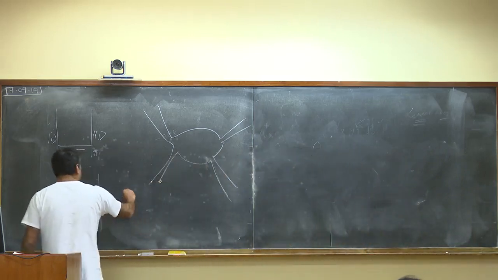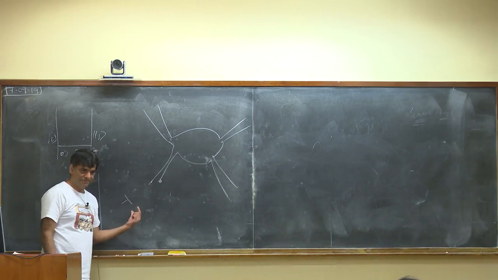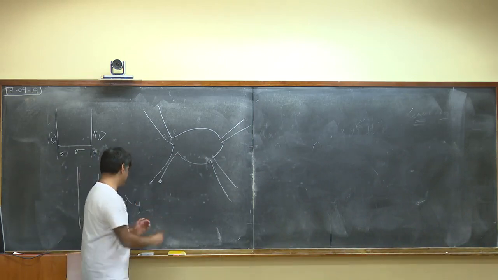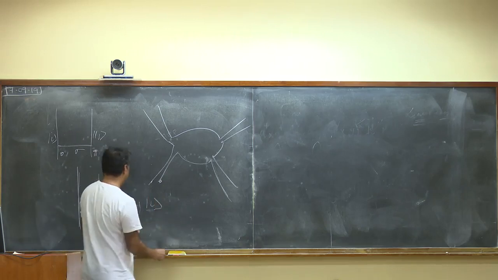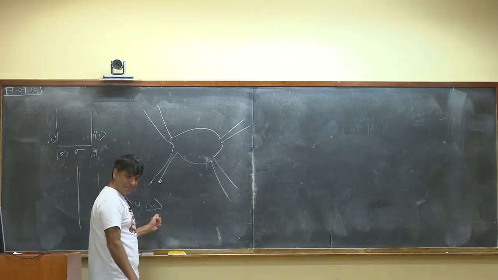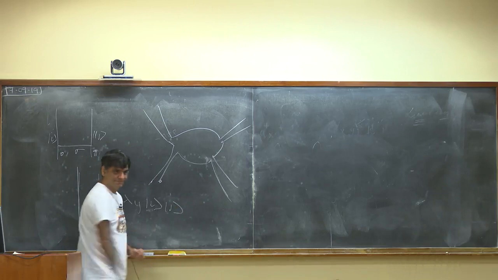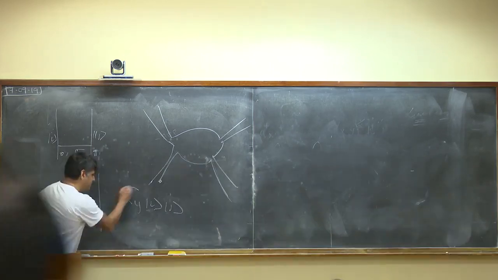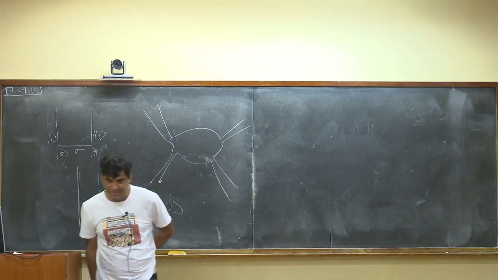Okay? So we specify this by some matrix, such that lambda ij tells you that the Chan-Paton factors are lambda, Chan-Paton i, Chan-Paton j. So this is the state in the Chan-Paton space specified by a matrix lambda ij. Is that clear?